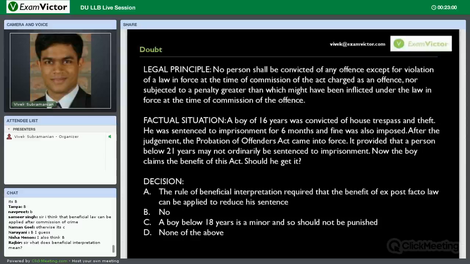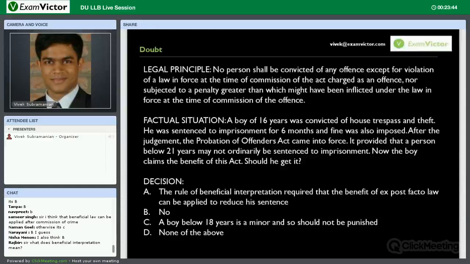In this factual matrix, the second part of the legal principle is applicable, which says that no person shall be subjected to a penalty greater than which might have been inflicted under the law in force at the time of commission of the offence. So there is a blanket ban by the Constitution or by this legal principle against infliction of a penalty which is greater than what was prevalent or what could have been levied at the time when the act was committed. But it does not say anything about a penalty being lesser subsequently or being reduced subsequently.